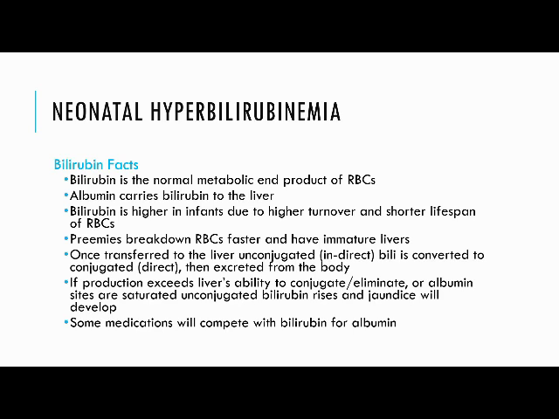So it's natural to have it in the blood, but when something is faulty, like immature organ systems and a liver that can't eliminate or conjugate effectively, or a deficiency in an enzyme we need to conjugate, we get an imbalance. We have a lot of extra unconjugated bilirubin, or in some cases conjugated, depending on the disease process, and jaundice develops, or yellowing of the skin. We'll talk more about that.